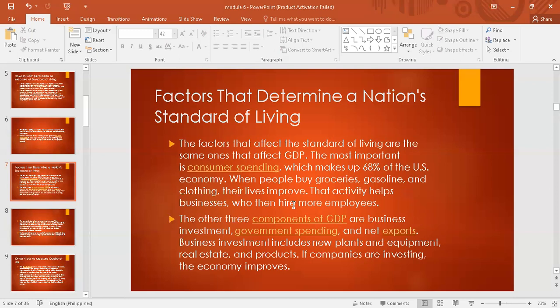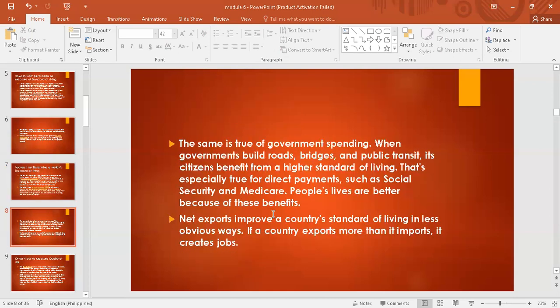Okay? Pangalawa, yung investment. Since nakita ng entrepreneurs, ng mga business owners na may pambili ang tao, they invest for businesses. Pangatlo, dapat meron tayong government spending, for roads and whatsoever for public use. Last is the net exports.